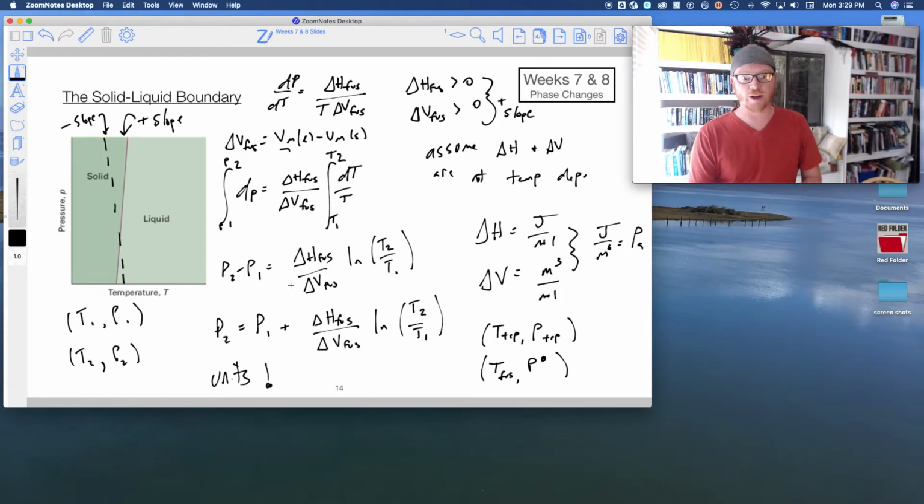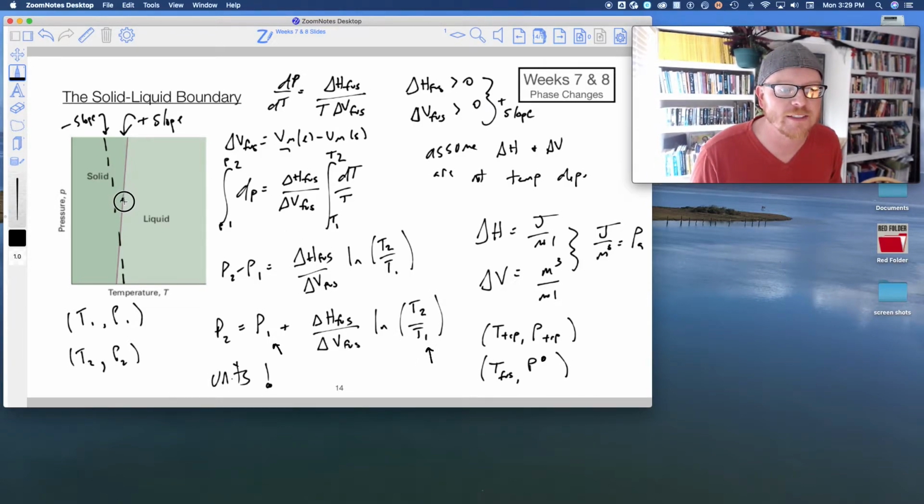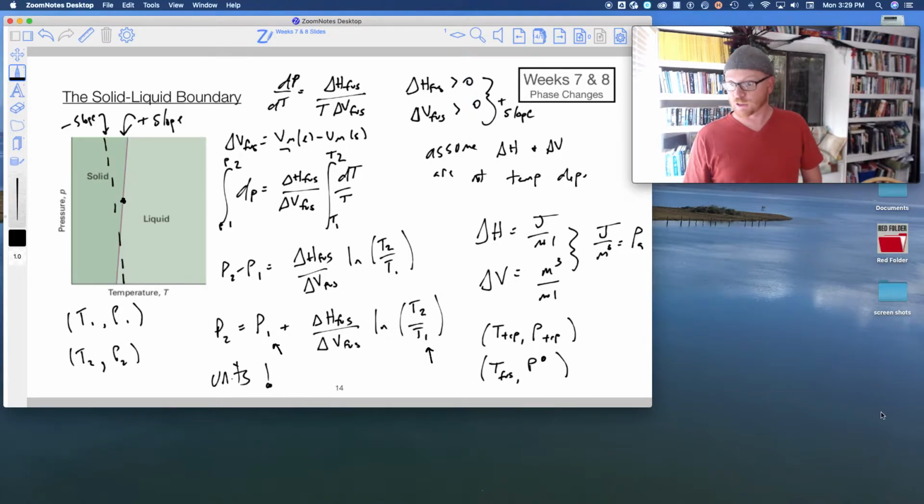Okay. So in other words, if you want to calculate, and as we'll see with our Igor exercise, if we want to use this equation, we have to supply known values for P1 and T1, and they have to correspond, right? They have to be some data point along that boundary, okay?